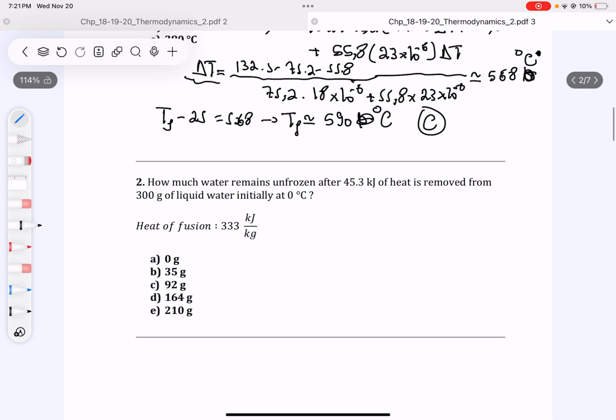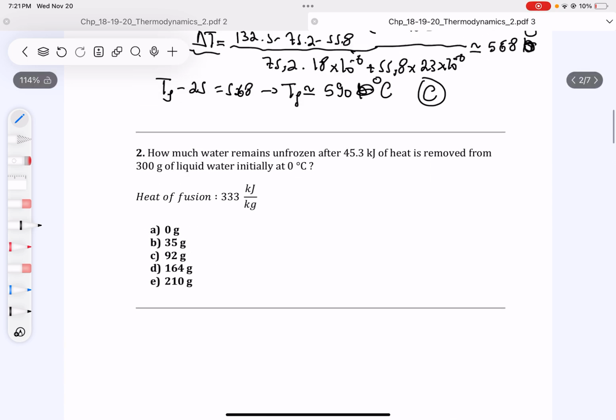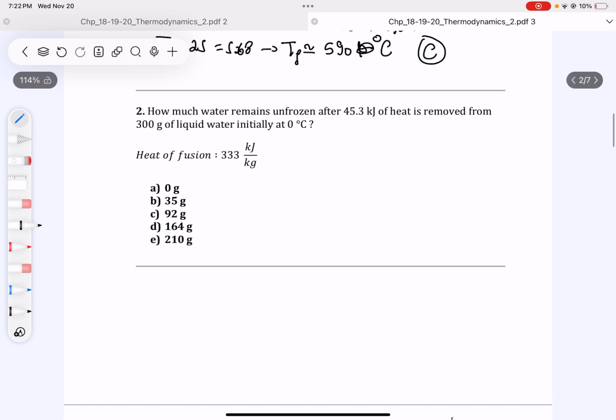Number 2. How much water remains unfrozen after 45.3 kilojoule of heat is removed from 300 gram of liquid water initially at 0 Celsius? Let's remember something. Q, the heat, has two formulas in chapter 18.